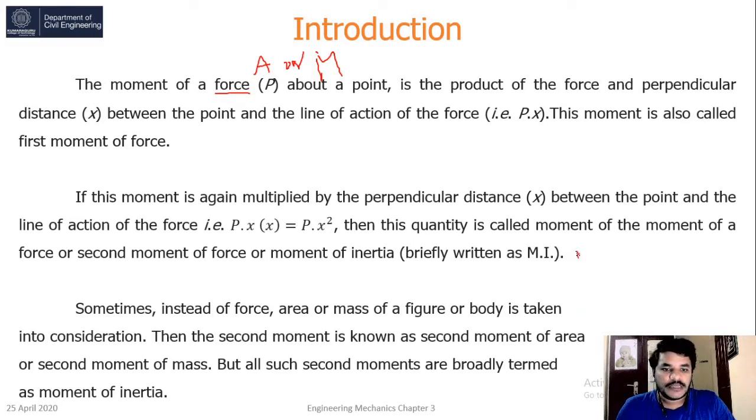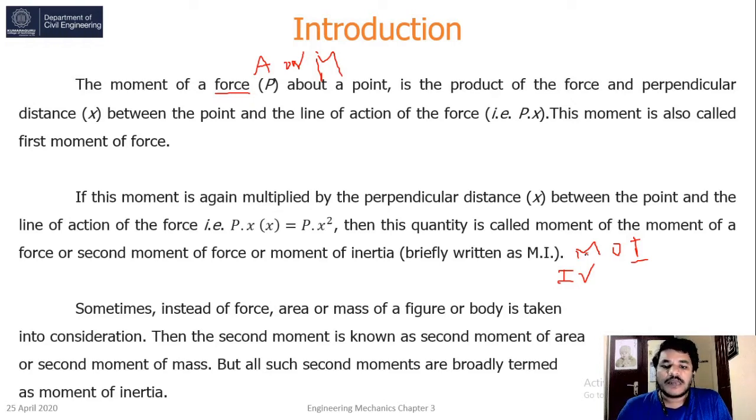You can write it in short form as MOI or MI. Symbolically, moment of inertia is always written as capital I. Sometimes, instead of force, you can use area or mass of the figure or body under consideration.